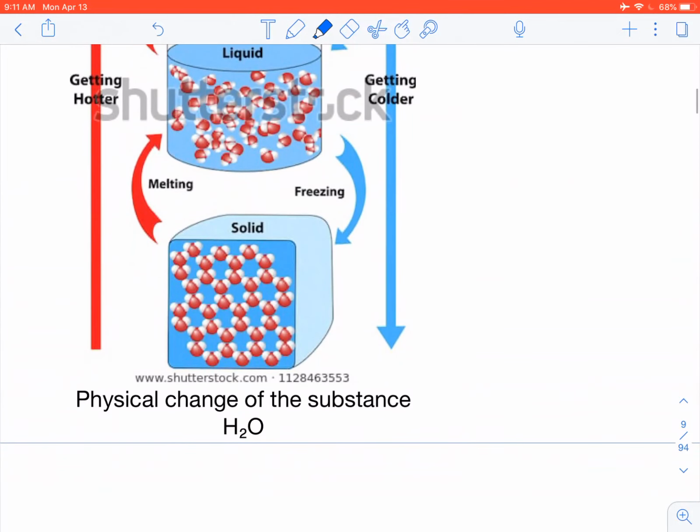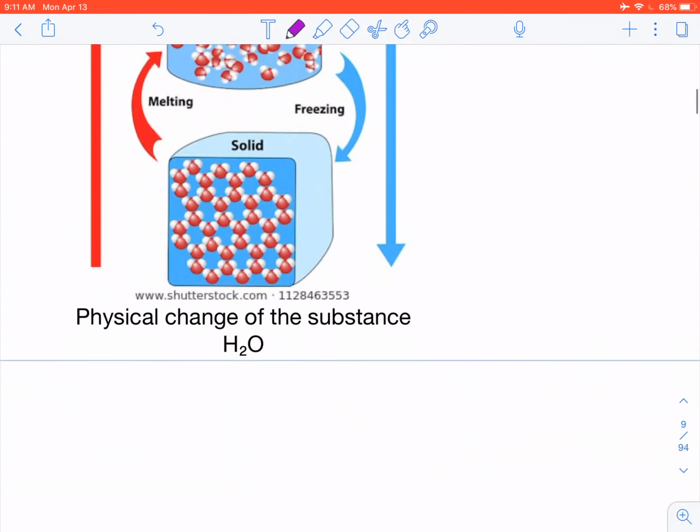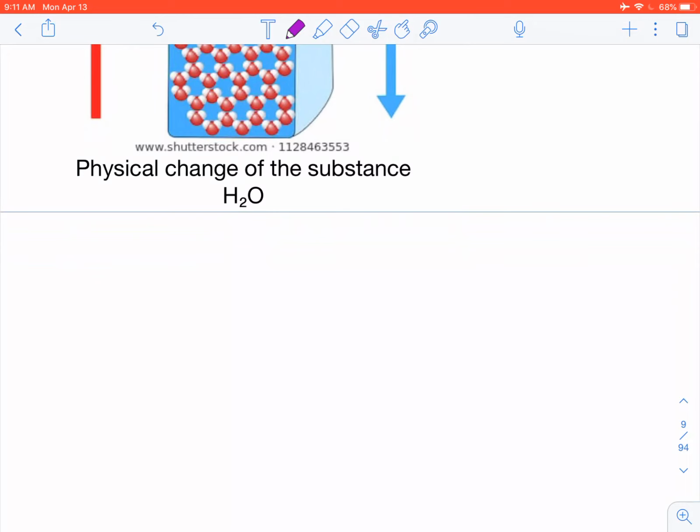Alright, now let's look at this conversion from solid to liquid to gas.